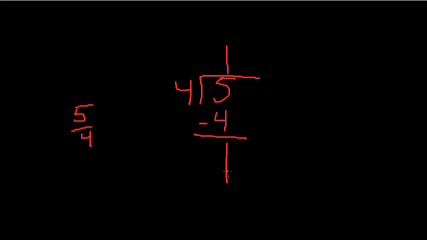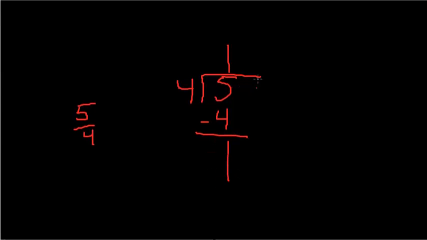Subtract that, we're left with a remainder of 1. So now there's nothing left to bring down, which means this 1 up here is our whole number part, and this 1 down here is our remainder. We take our remainder, and that becomes our numerator, and we take what we were dividing by, the 4, and that becomes our denominator. So 5/4 is equivalent, it's the same as 1 and 1/4.